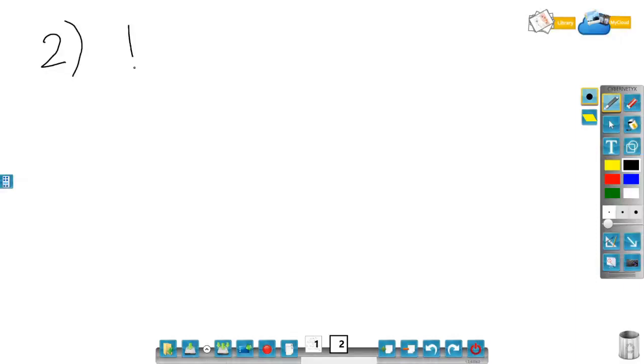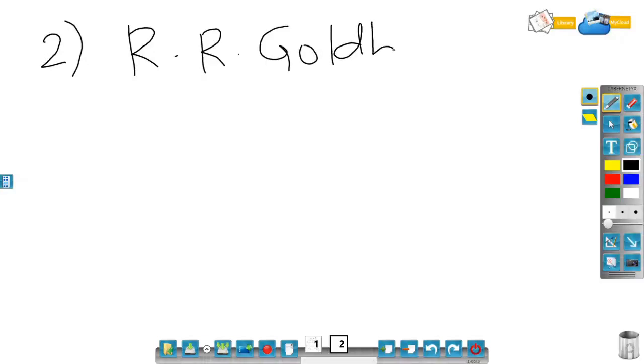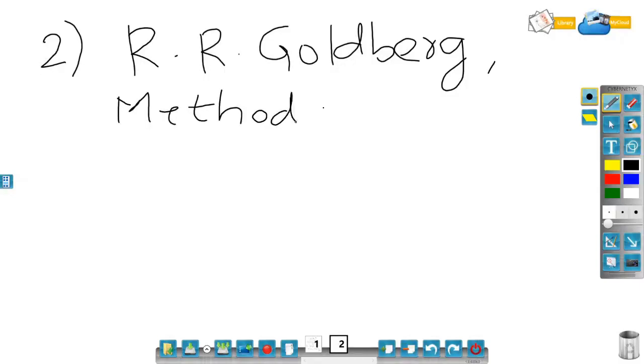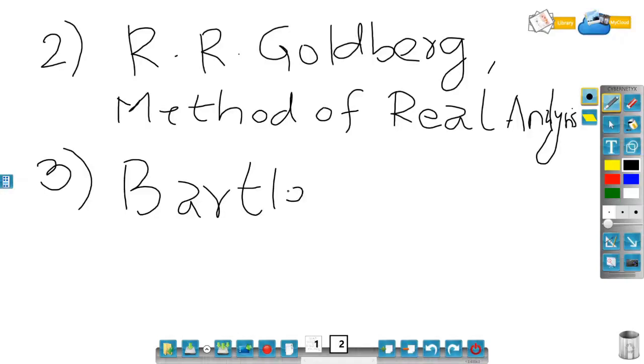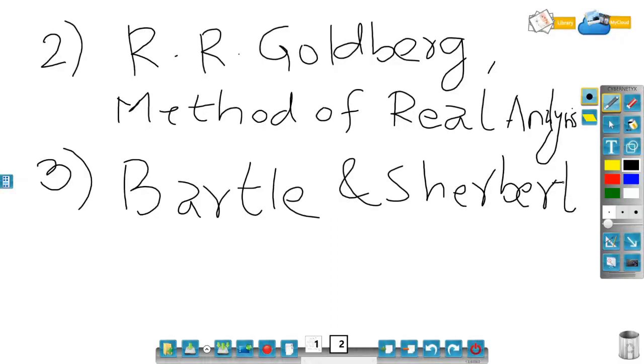Then the second one is R.R. Goldberg. The title is Methods of Real Analysis. Then the third one, Bartle and Sherbert, Real Analysis, named as Real Analysis.